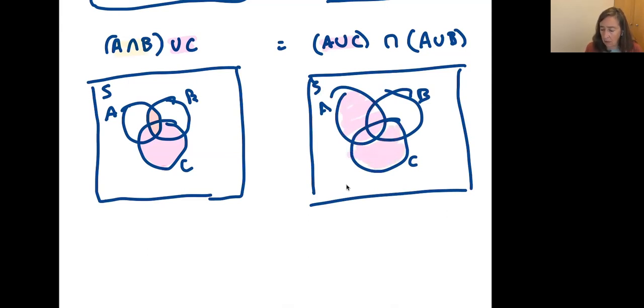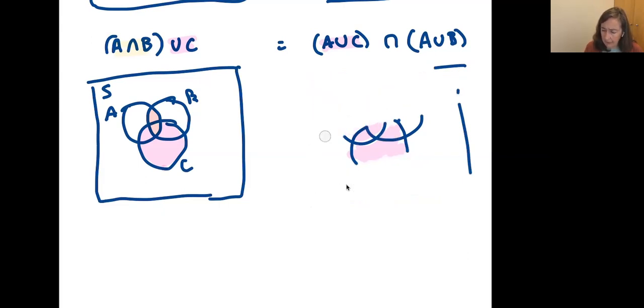And A union B, just A union C means it's in either one or the other. And did I write that wrong? Look, I wrote that wrong. Okay, sorry folks, we're gonna do some erasing here.